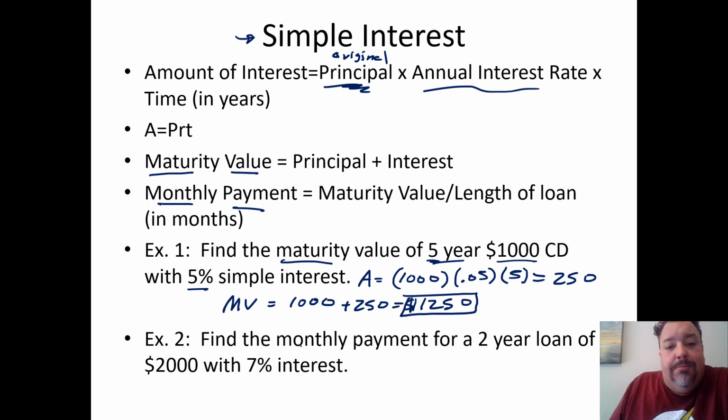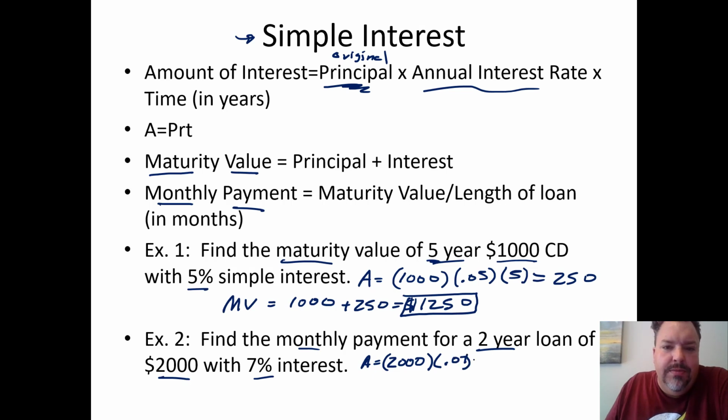Example 2 says find the monthly payment for a 2-year loan of $2,000 with 7% interest. So we're going to take our 2-year loan, $2,000, 7%. So again, the first step is to always find the amount of interest. So that's A equals PRT. This time it's $2,000 multiplied by an interest rate of 7%, which is 0.07, multiplied by 2 years.